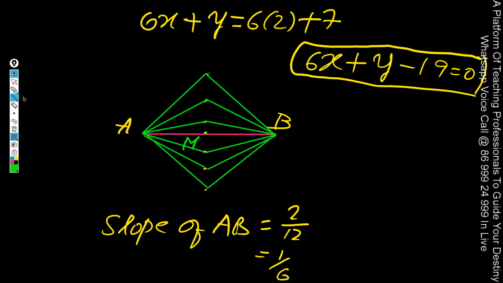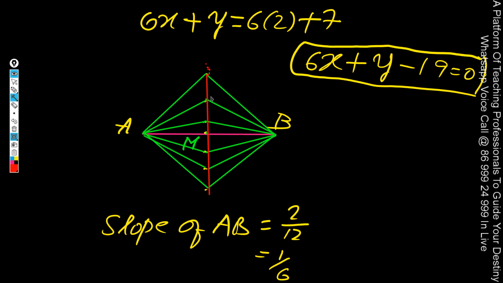What is the locus? Locus of the points that are equidistant from two points is nothing but the perpendicular bisector. This is a line. This is the perpendicular bisector.